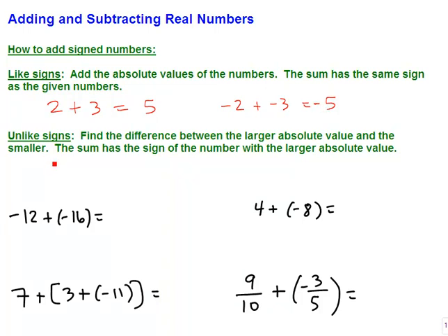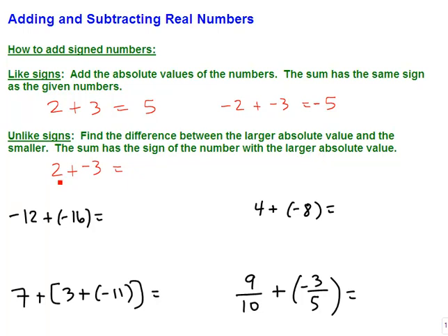Now what do you do if the two signs are opposites to begin with? So if we have 2 plus negative 3, for example, in that case you're going to subtract, or find the difference between the larger absolute value and the smaller one, and then the sum will have the sign of the larger absolute value.